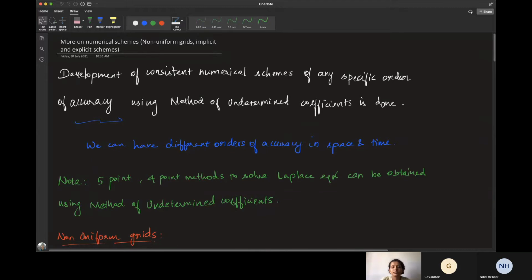Last time we have seen how to develop consistent numerical schemes of any specific order of accuracy using the so-called method of undetermined coefficients.